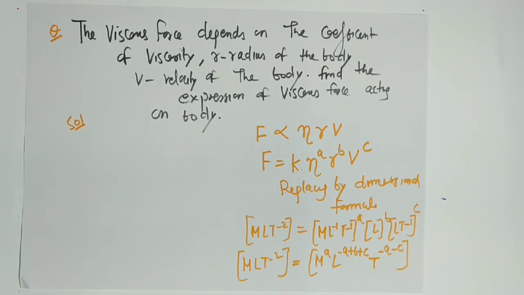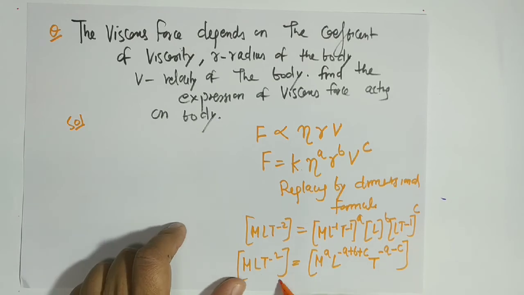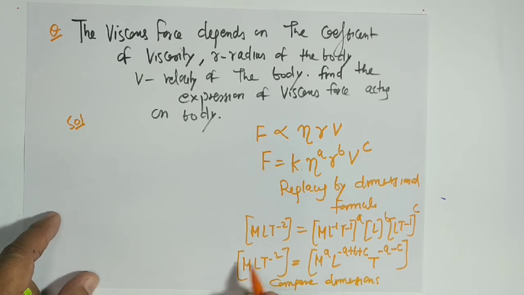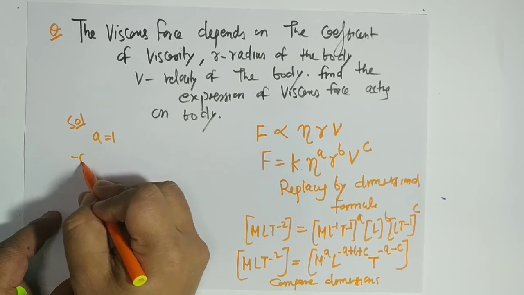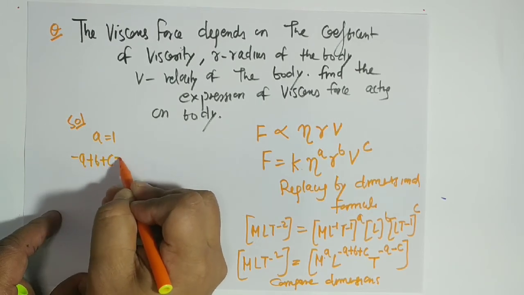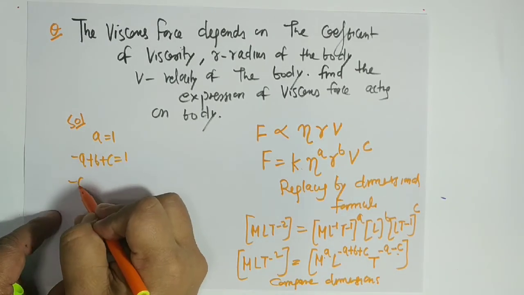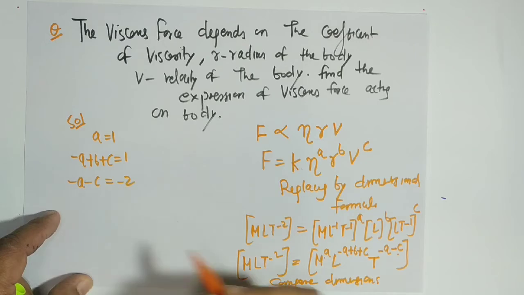And then compare dimensions, LHS and RHS. What is A here? A is 1. What is minus A plus B plus C? It is 1. What is minus A minus C? It is minus 2.